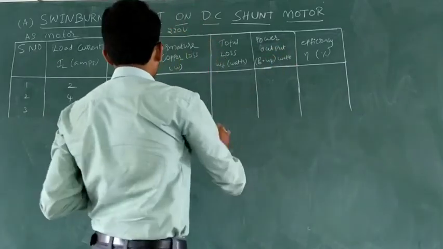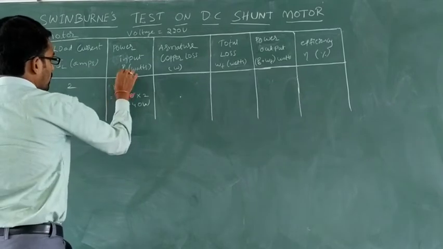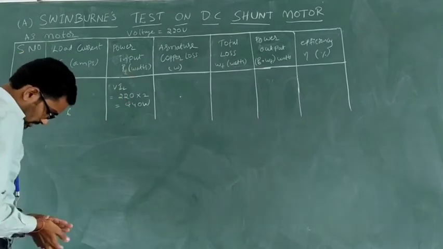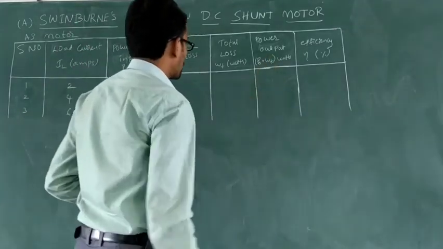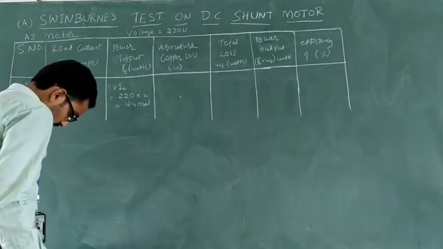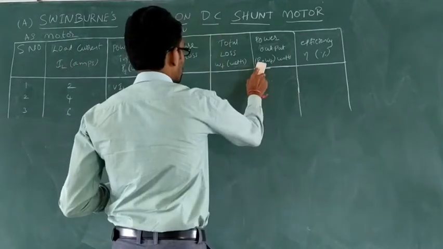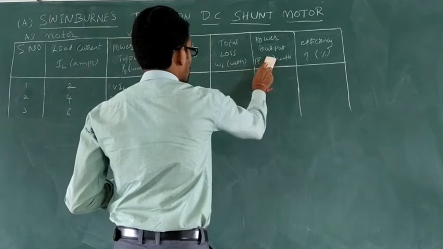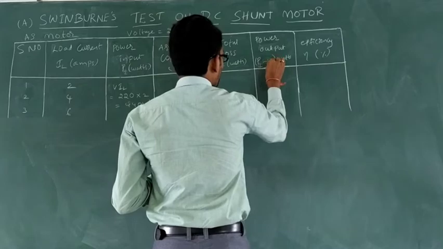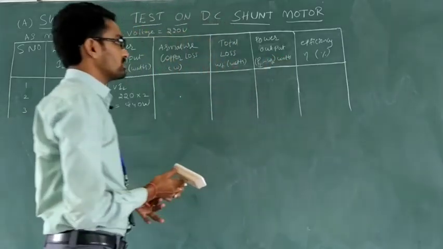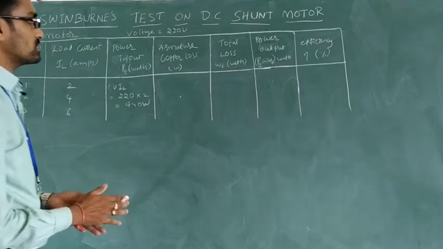Power input is nothing but Pi, and power output is Pi minus total losses, that is Pi minus WT watts, where WT is total losses, or you can consider PT.